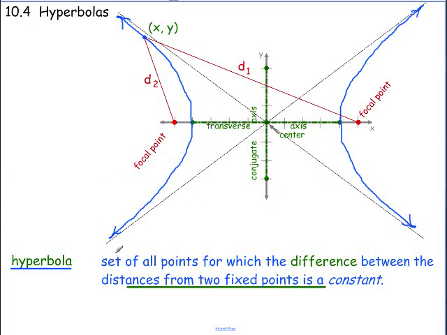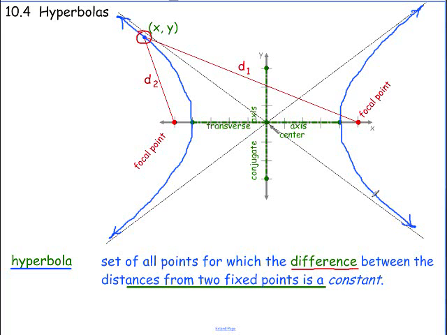So we're going to look here at a hyperbola and see if we can make sense of this little geometric definition. The set of all points for which the difference between the distances from two fixed points, we knew these were going to be the focal points. So a set of all points. So we just start with looking at one point on a hyperbola.